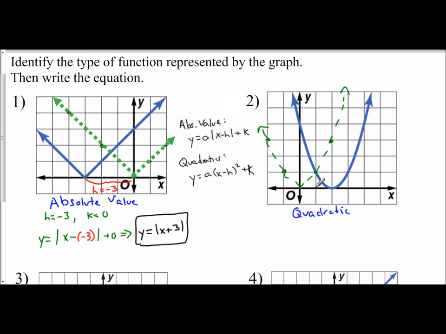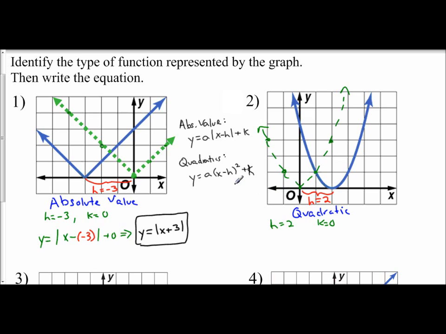And we have to ask ourselves, what type of change occurred here? So if I look at my vertex, it stayed on the same y, so my K is 0, but it went to the right 2 units. That means H is positive 2. So I have an H value of 2, a horizontal change of 2 units right. I have a K value, it did not go up or down, of 0.